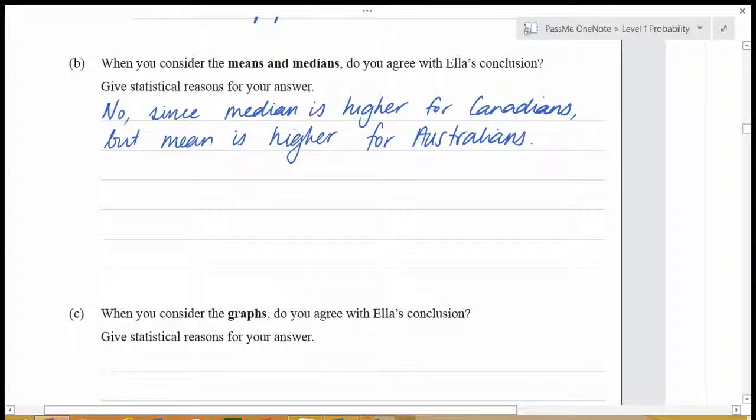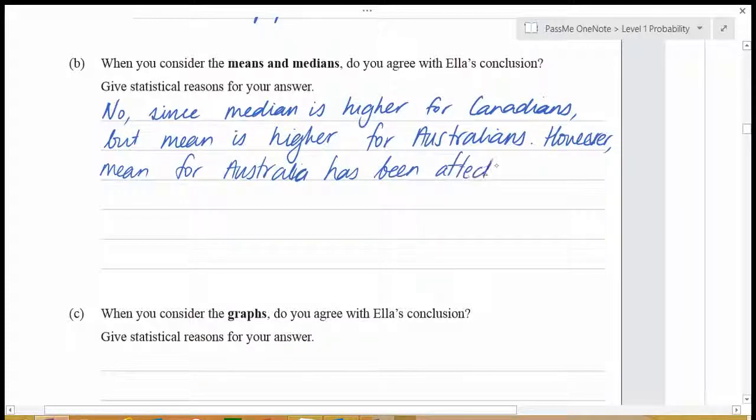Okay, what else can we consider here? We'll make a comment about the way that the mean has been dragged up by the outlier. So we'll say, however, the mean for Australia has been affected a lot by just one, and I'll call it an extreme value rather than an outlier.